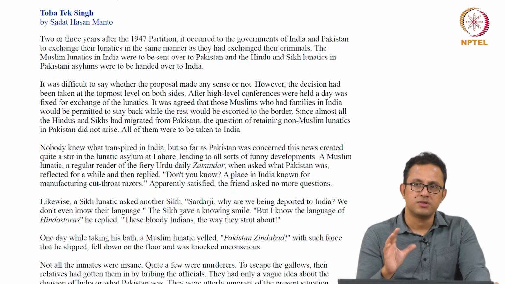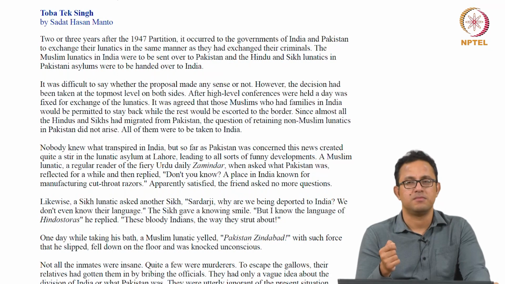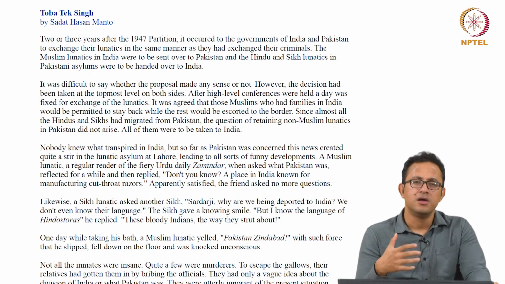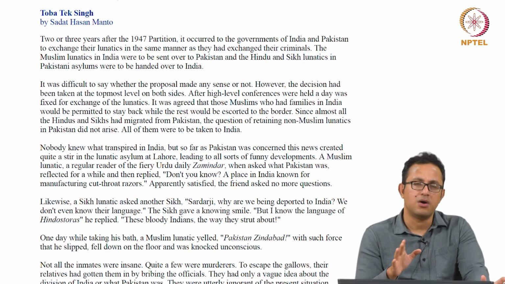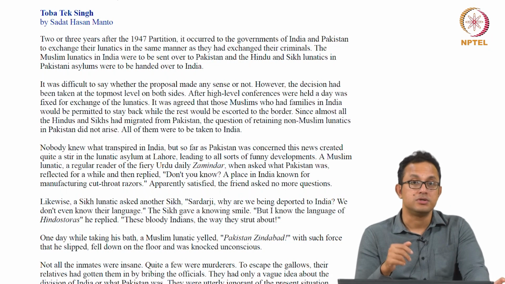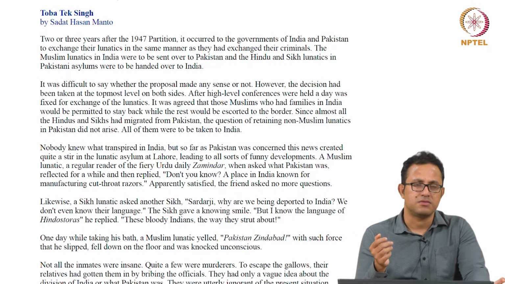So Lahore became one of the most violent places in partition because it was a very delayed movement which happened in Lahore, because for a long time people thought they would go to India, and when it turned out that it was decided they would go to Pakistan, it would have been too late by then to shift and migrate, and in the process many of them were subjected to violence and trauma.